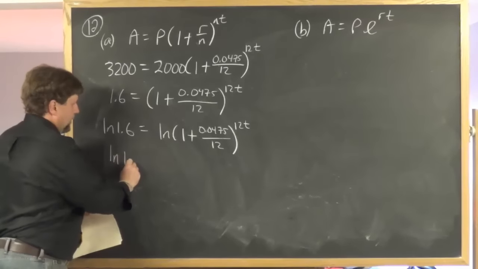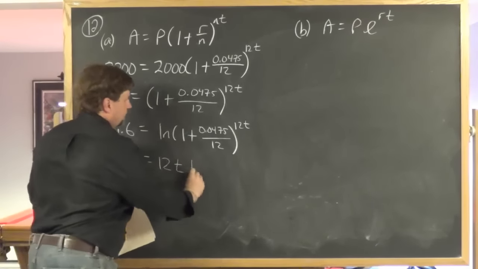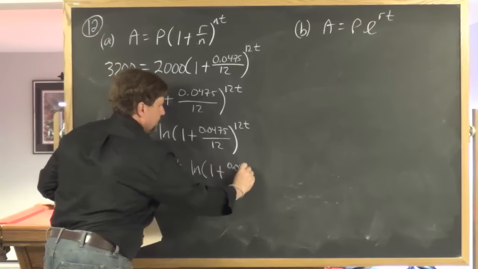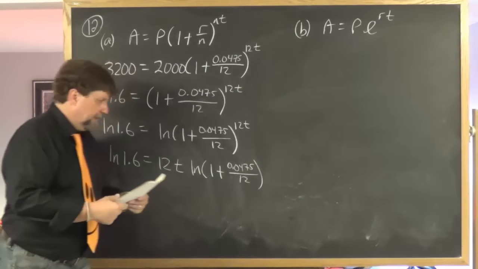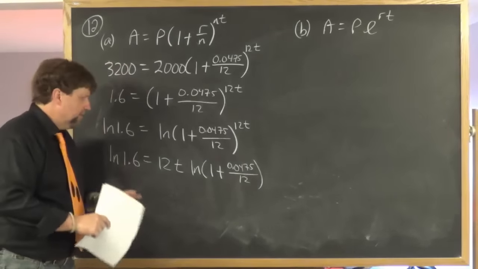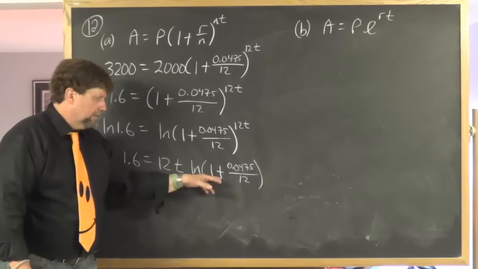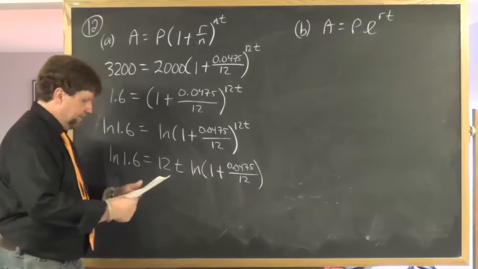So the natural log of 1.6 equals 12t times the natural log of 1 plus 0.0475 divided by 12. Now I'm going to divide both sides of this equation by 12 times the natural log of 1 plus 0.0475 divided by 12. That way I'll get t by itself.